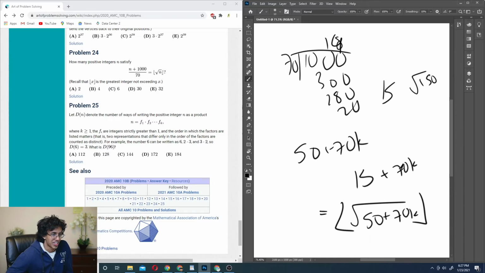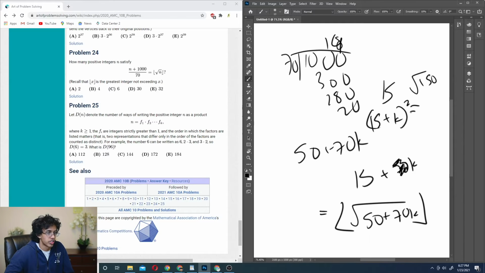Oh, plus k, oh. Divided by 70. Okay, that makes a lot more sense. Alright, so then that should work. Okay, so how do you do this? I guess basically what it's saying is that 15 plus k squared is approximately 50 plus 70k. So essentially k squared plus 30k plus 225 is equal to 50 plus 70k.